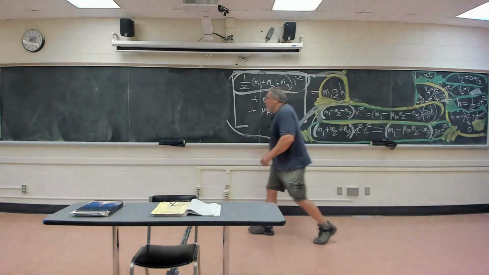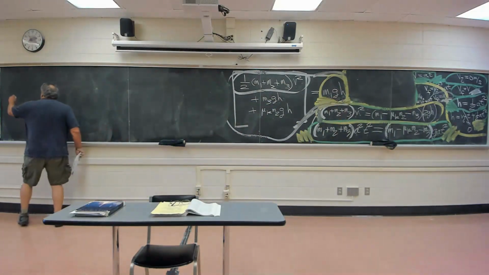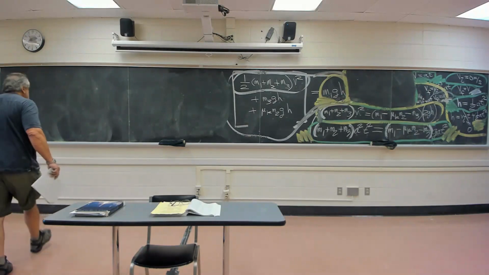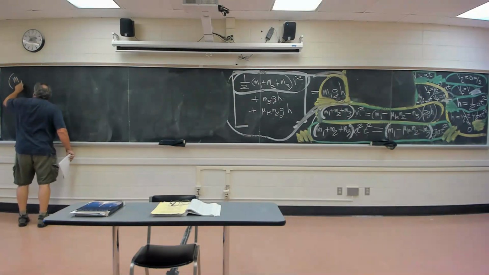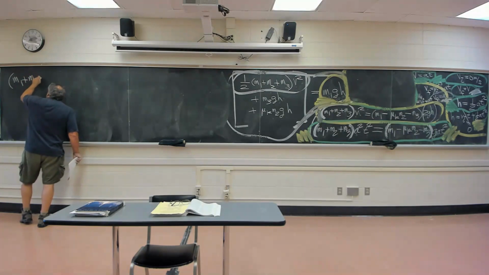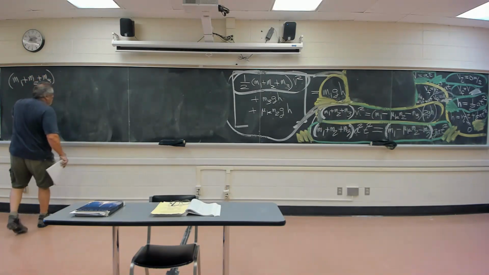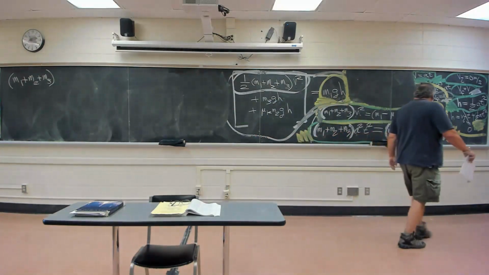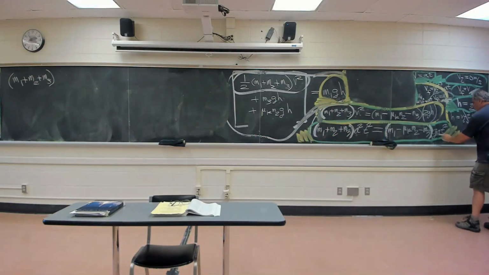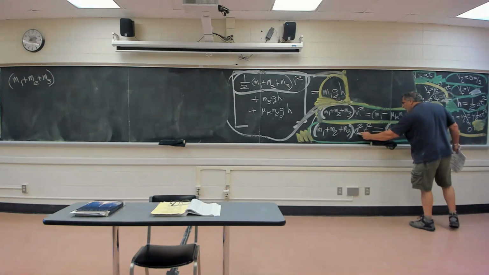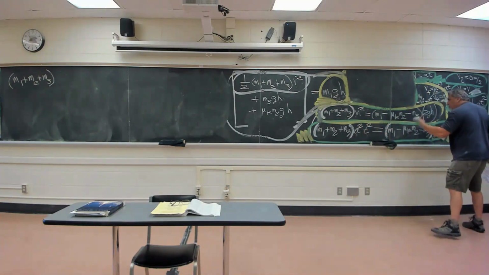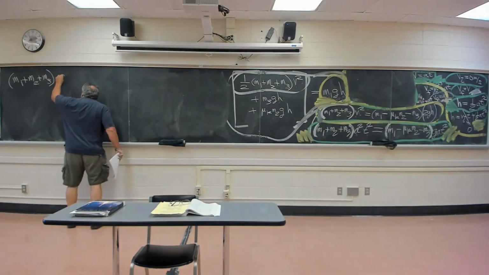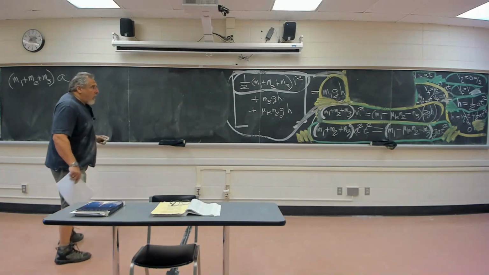So what happens is, let's take a look at it. The A and the A squared cancel, leaving an A here. The T squareds completely cancel.